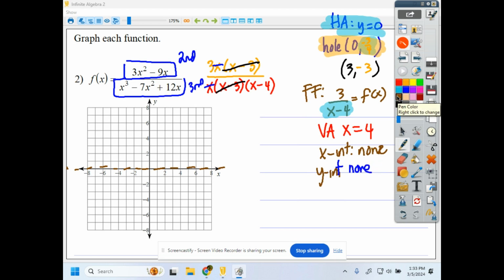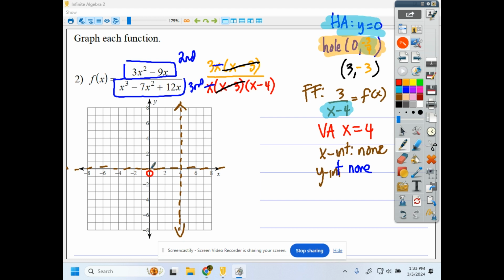So let's plot the points here now by drawing the vertical and horizontal asymptotes. y equals 0 is your horizontal. For the vertical, you have 4. And then you're going to have a hole at (0, negative 3/4), somewhere right here.